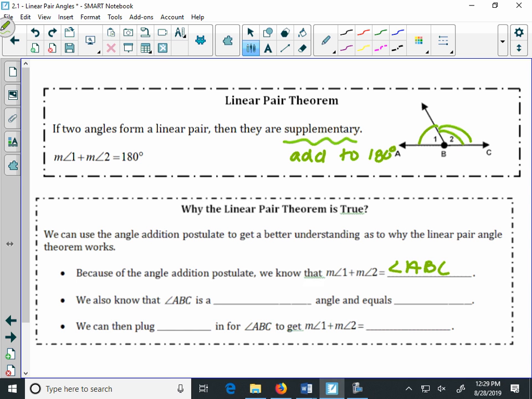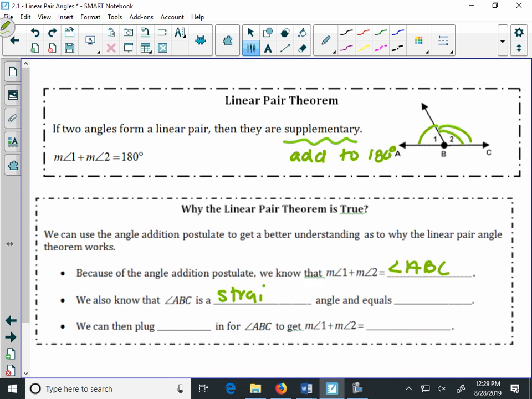So when they were like, hey, this is true, these angles always add to 180, someone's like, prove it. I don't believe it. You need to prove that to me. This is the argument that they made. They said, well, if you look at this diagram here, angle 1 plus angle 2 equals that whole angle, angle ABC. Then they said, we also know that ABC is what type of angle? Straight angle.